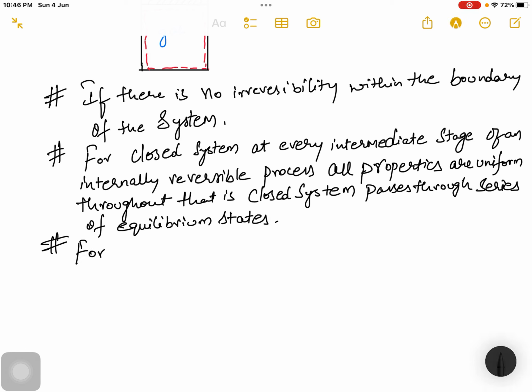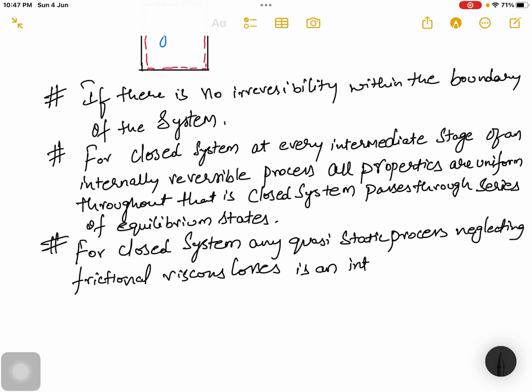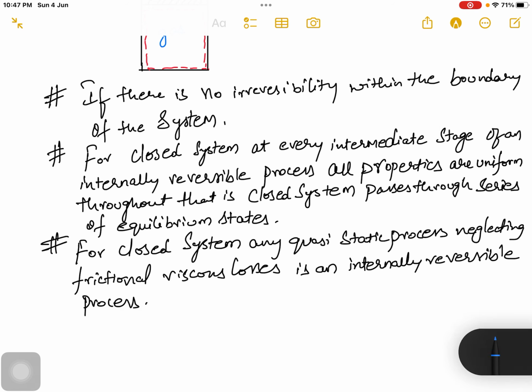So for a closed system, any quasi-static process, neglecting frictional viscous losses, is an internally reversible process.